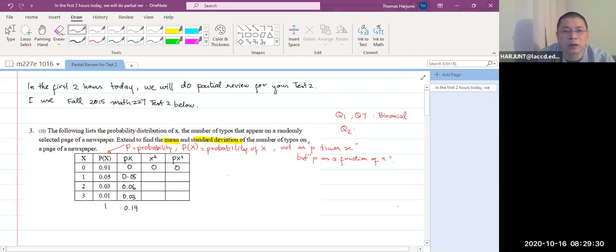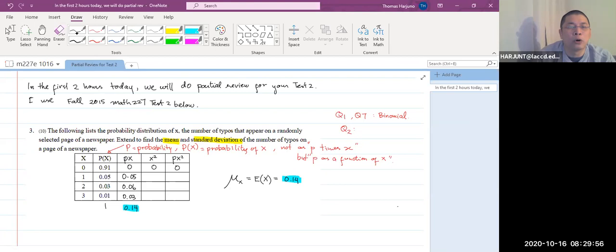Now from there, we know that the mean of random variable x, which is also usually said as the expectation of random variable x, is the sum of Px, in this case 0.14.